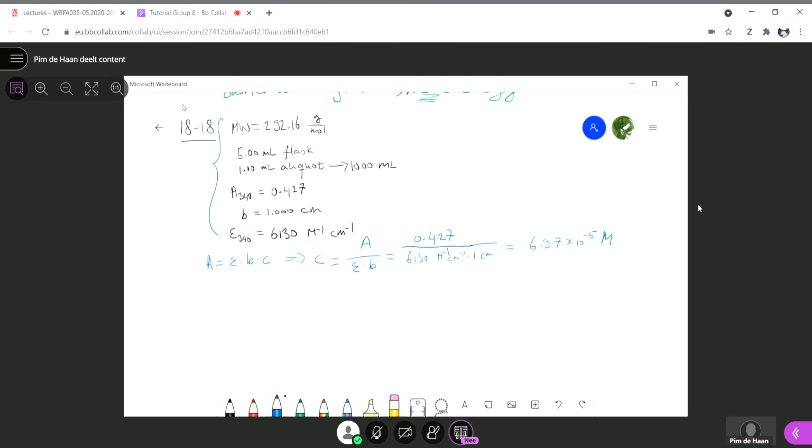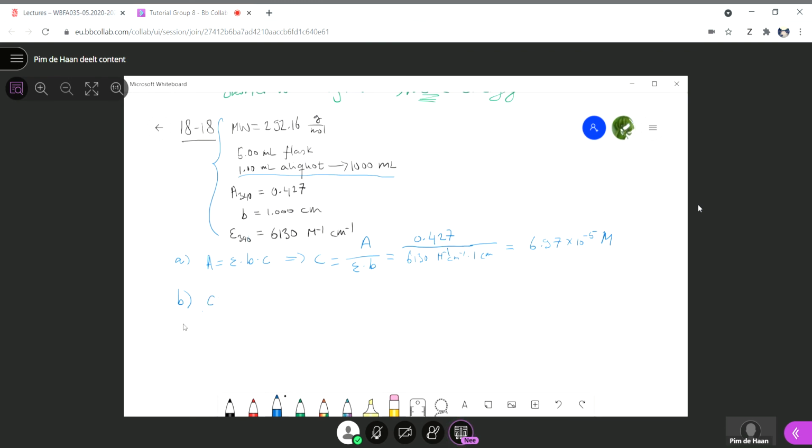Okay. That was all. Simple exercise, I think. Let's go to B. So this is the concentration in the cuvette, right? And in B, they ask what was the concentration of the compound in the 5 ml flask. So we've done a dilution, from 1 ml to 10 ml.